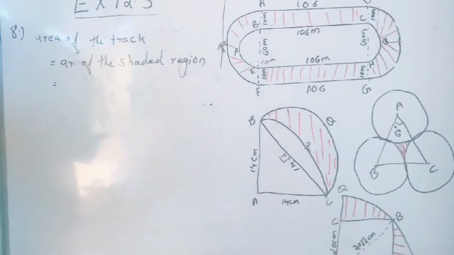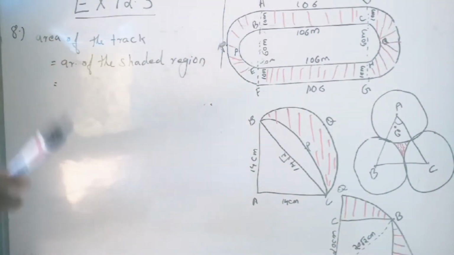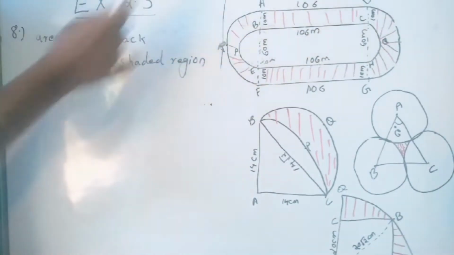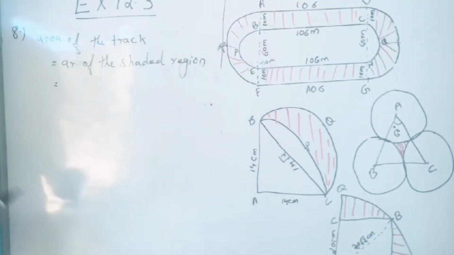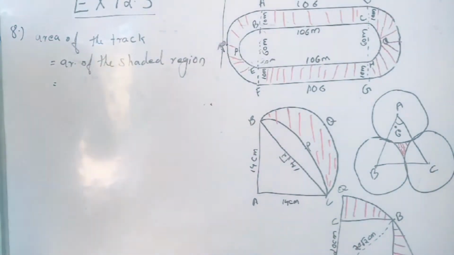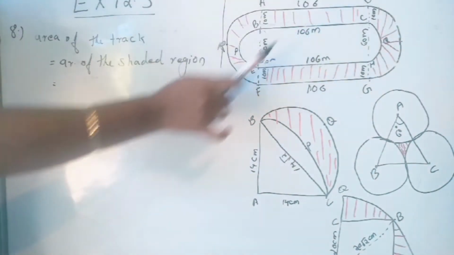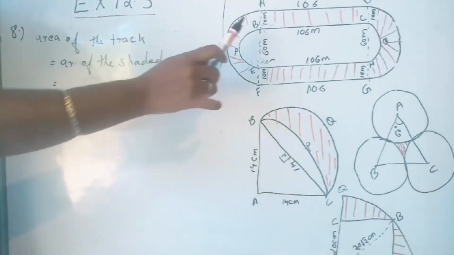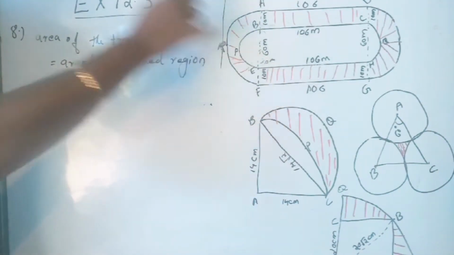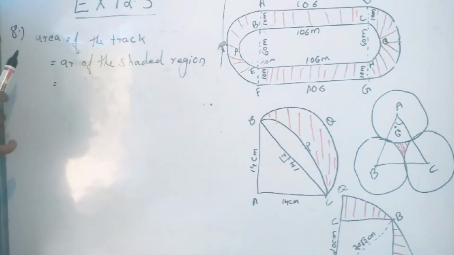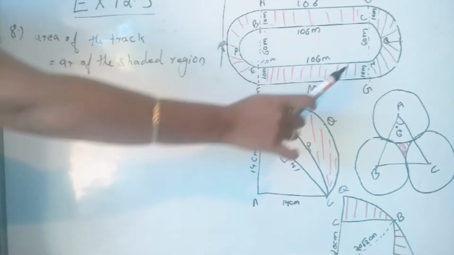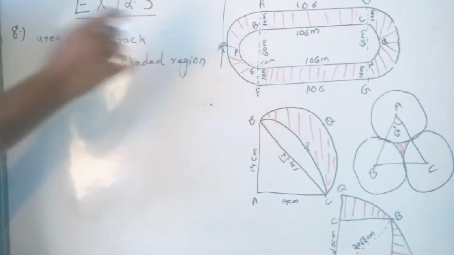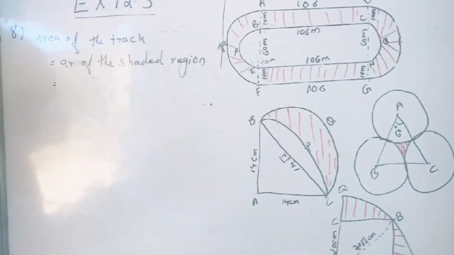In the shaded region, we have one rectangle ABCD and one more rectangle EFGH. The length of that rectangle is 106 and the breadth is 10 meter. Similarly, the length of the rectangle EFGH is 106 and the breadth is 10 meter. So we can find the area of those two rectangles.